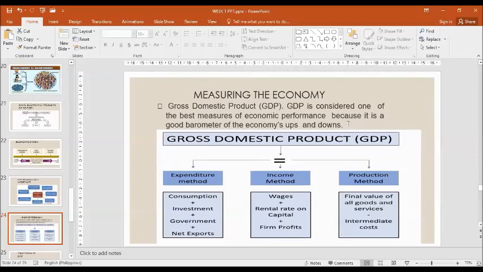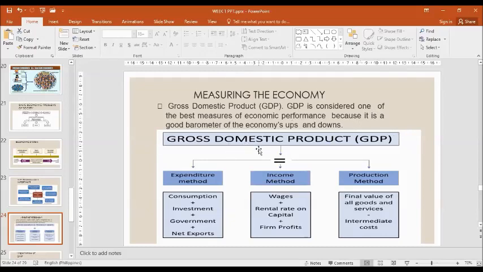So if you have time after our discussion, please check what percentage we are at in terms of our GDP this year, because it measures our economic performance, or the performance of our country.